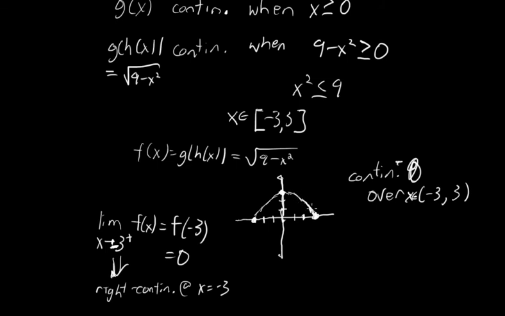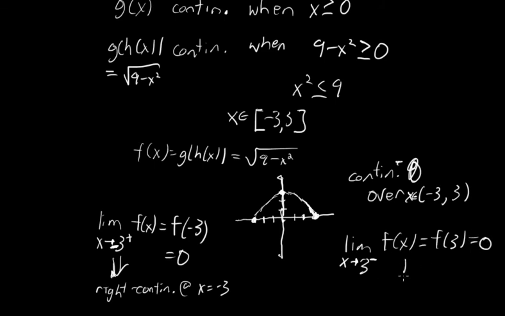And we can see that the limit coming in from the left at +3 is equal to the function value at +3, which is also 0. So the limit as x approaches +3 from the left of f of x equals the function value at 3, which is 0.